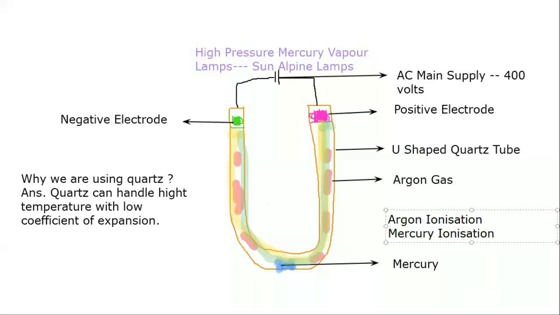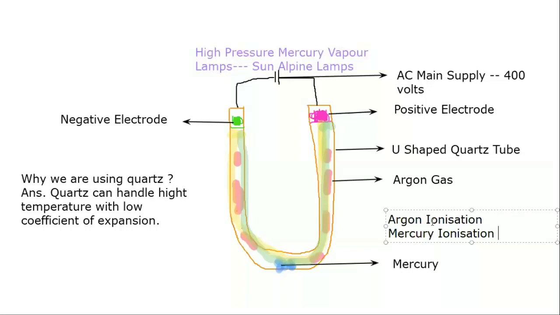Clear about this? Once the argon gas has been ionized, the normal main voltage between the electrodes causes the positive and negative particles to flow through the burner, constituting the electrical current. The electrons move towards the positive terminal and positive ions move towards the negative terminal. Collision between the ions and neutral argon causes further ionization.